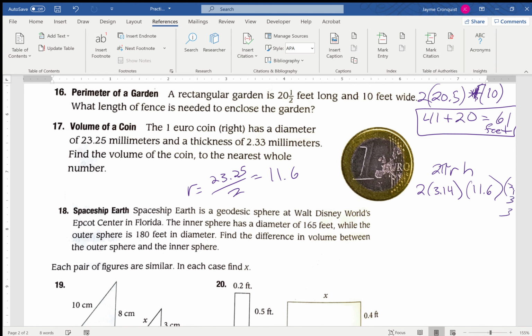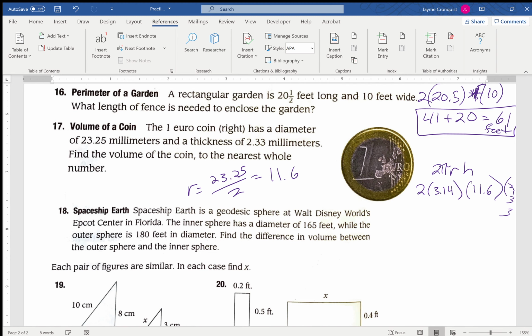So I have 3.14 times 11.6 times... where did I get that number?